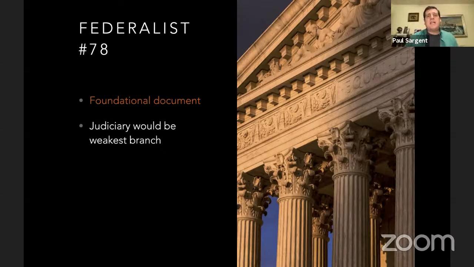Well, in Federalist number 78, the argument is made that the judiciary would actually be the weakest branch. In other words, it doesn't need to be elected. It doesn't need to have a whole lot of controls on it, because it is, of the 3 branches, absolutely the weakest. And the reason for this is because the judicial branch has no power of the sword or the purse. Okay, so think about this. The power of the sword is the power to make something happen, the power to create action.